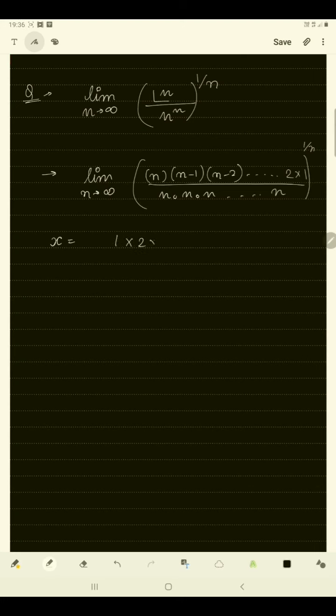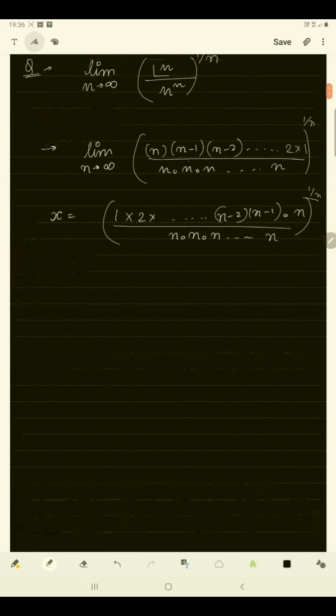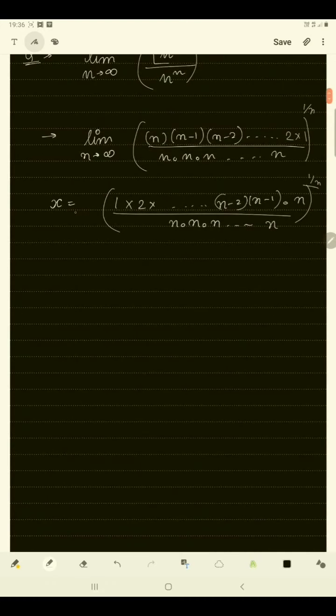1 into 2 into continues to n minus 2 into n minus 1 into n upon n into n into n till n, whole to the power 1 by n. Now since we have a 1 by n, whereas in the form that we discussed of the Rn method we had a 1 by n outside the summation sign, to get this 1 by n we actually use the property of the logarithm.